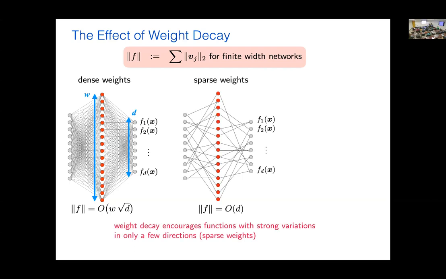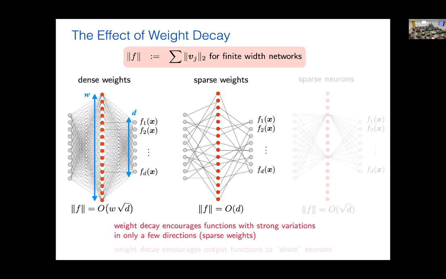What about another neural network that still has weights that are constants, but only sparse connections, some constant number of connections between every input and output? Then the norm grows like d, the output dimension.